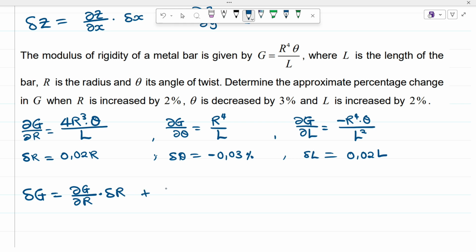And then plus, when we write the other one, partial derivative of G with respect to theta, that means we must multiply by the percentage change in what?